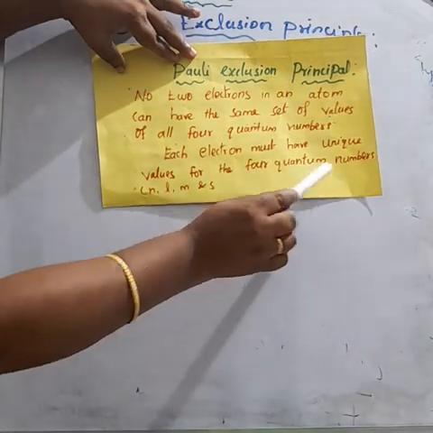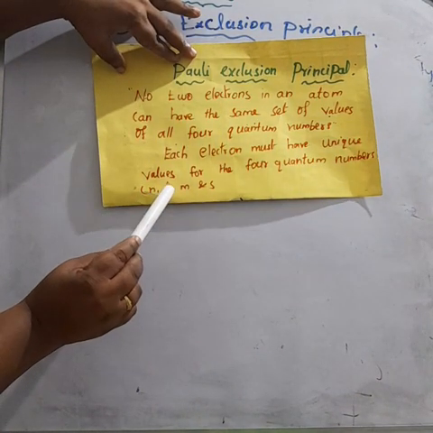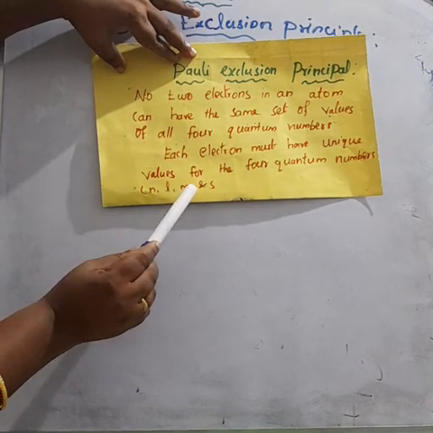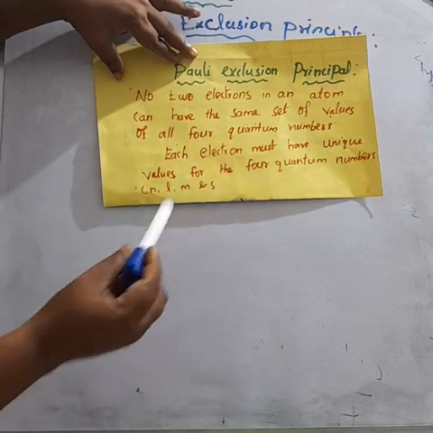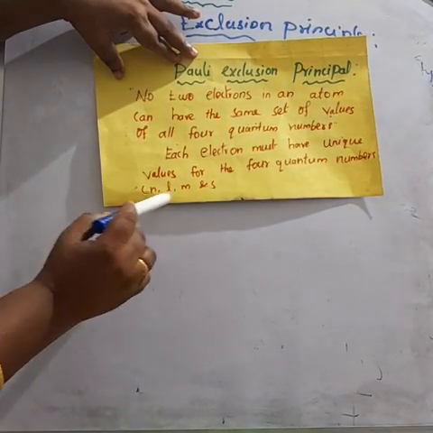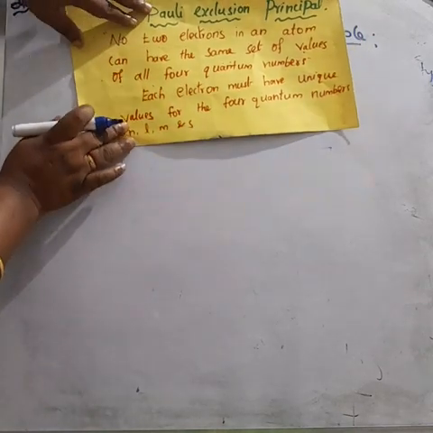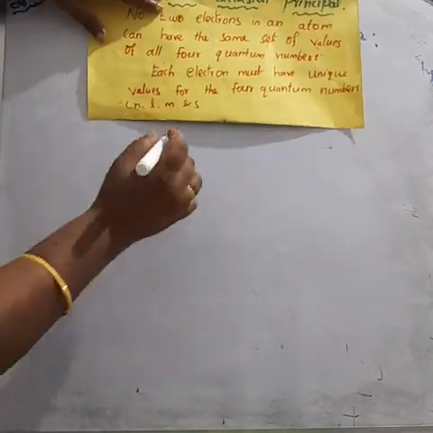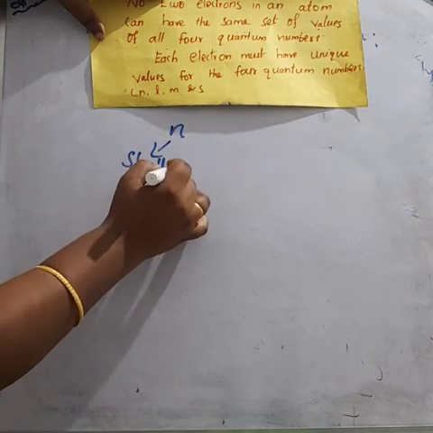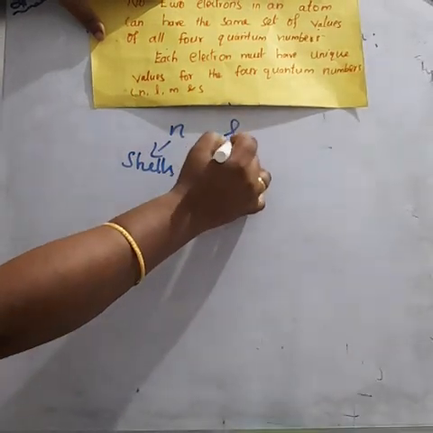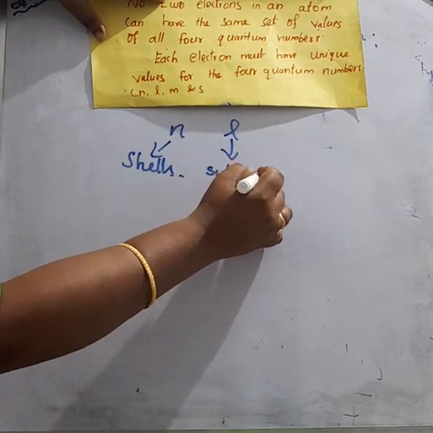Okay, what are the four quantum numbers? Principal quantum number, azimuthal quantum number, magnetic quantum number, and spin quantum number. Okay, n, l, m, and s. Here the principal quantum number tells us about the shells or orbits. The azimuthal quantum number tells us about the subshells: s subshell, p subshell, d subshell, f subshell.